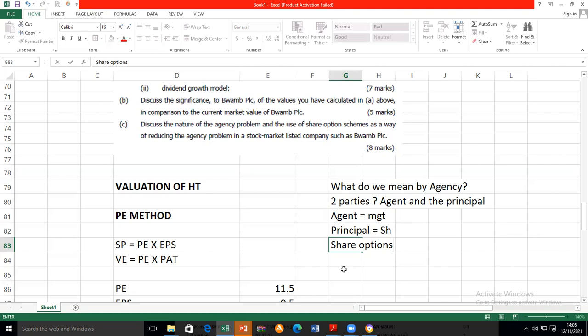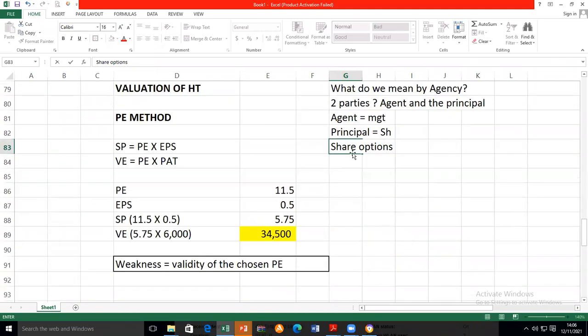Solution. One of the solutions is to introduce share options so that you work very hard to push up the share price. Disadvantage: the share price may go up and down, not because of the effort or lack of it of the management team.